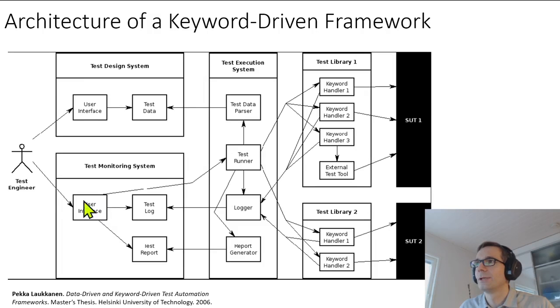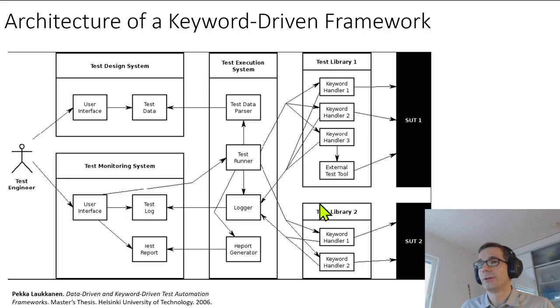And we can see what happens here is that when running tests, the test engineer invokes the user interface that then starts the test runner. And inside the test runner, there are keyword handlers that then take care of the actual test execution. So for example, one test library could be for interacting with Android phones.